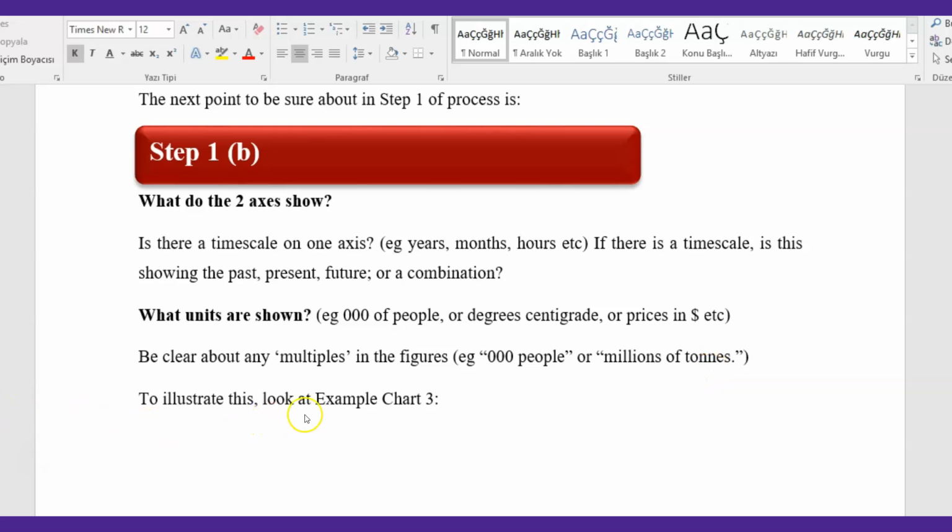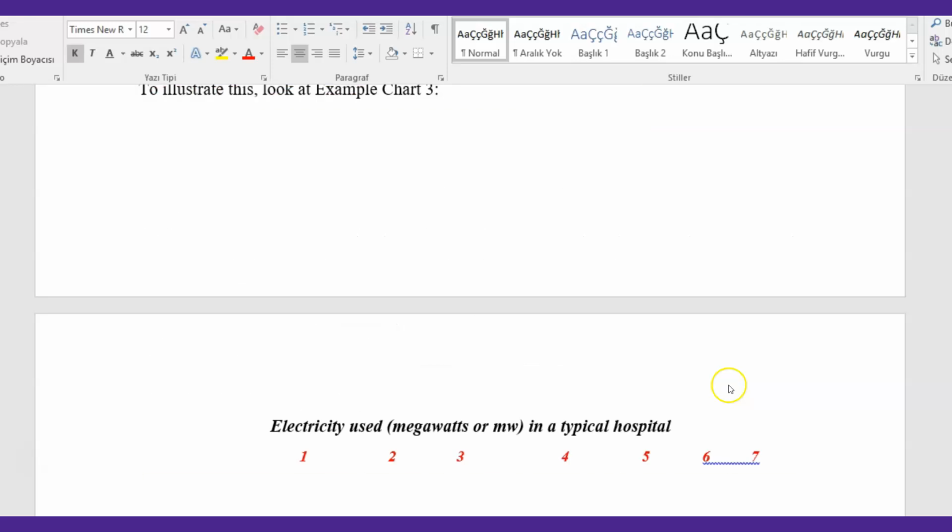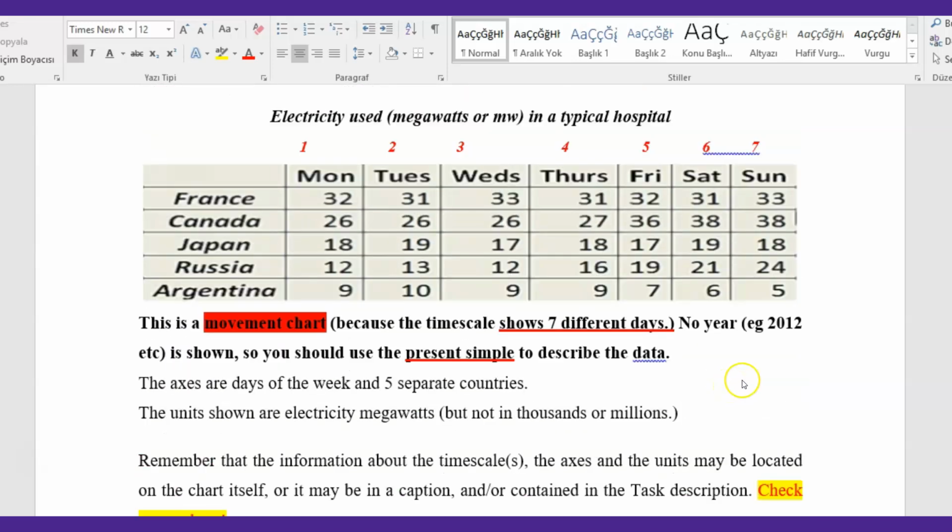To illustrate this, look at our example 3, okay? Here we see electricity use in a typical hospital, in megawatts. This is a movement chart. Why is this a movement chart? Because we show 7 time scales, because we saw 7 days, okay?